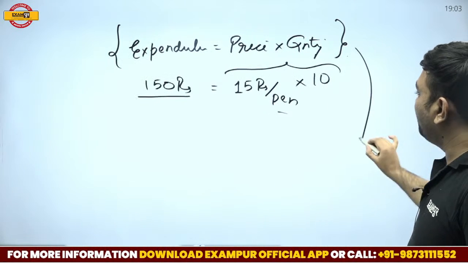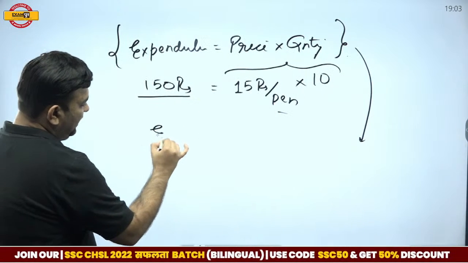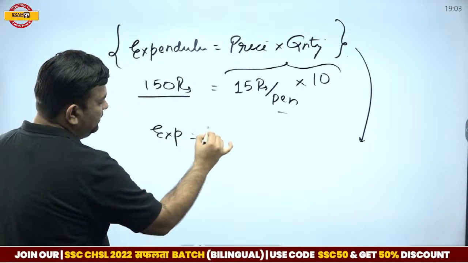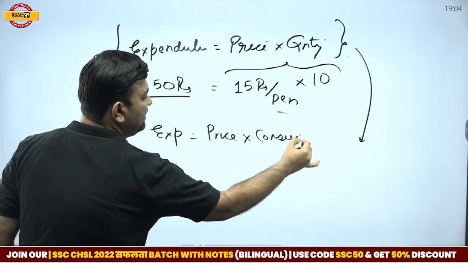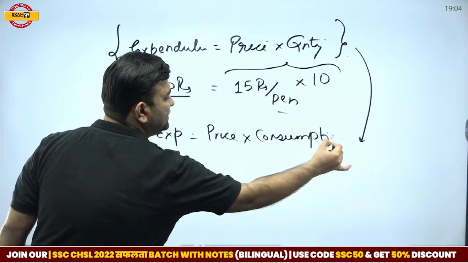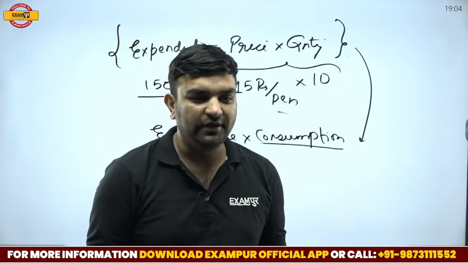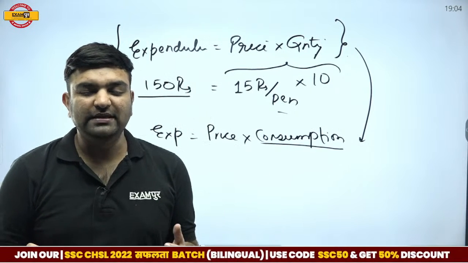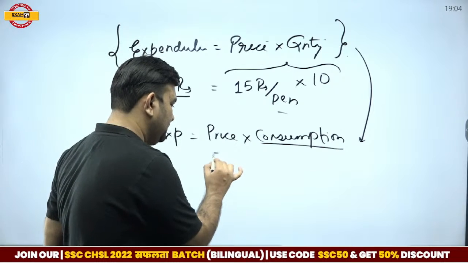Another way of writing it is expenditure is equal to price into consumption. Consumption is also quantity. Like the rice is, let's suppose, 50 rupees per kg.